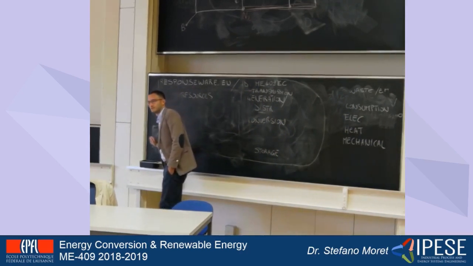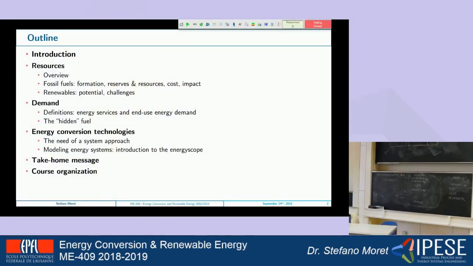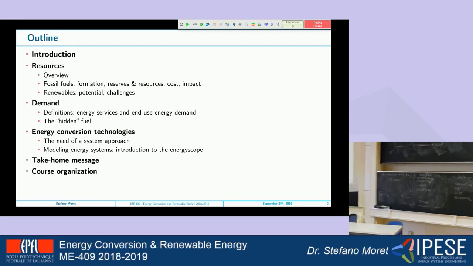Okay, so that's exactly the picture I made here, and I put the things in three particular orders because these more or less represent the structure of what I'm going to talk about in this presentation. The idea is to give you an overall introduction to what an energy system is, and you'll see that often it is not that clear what we refer to when we talk about an energy system.